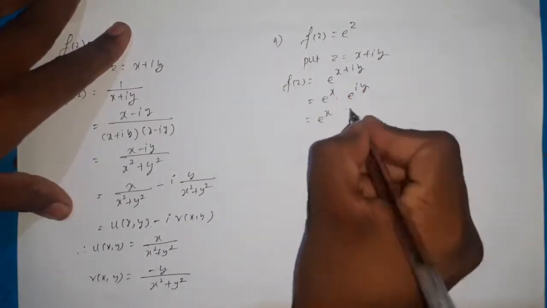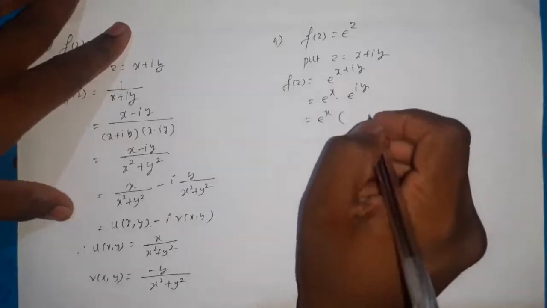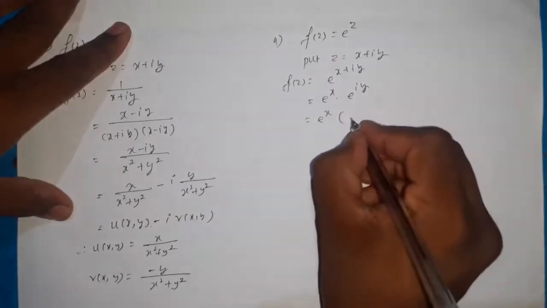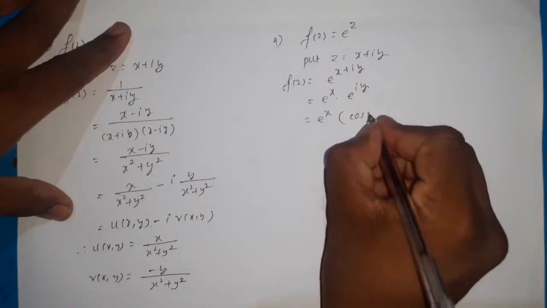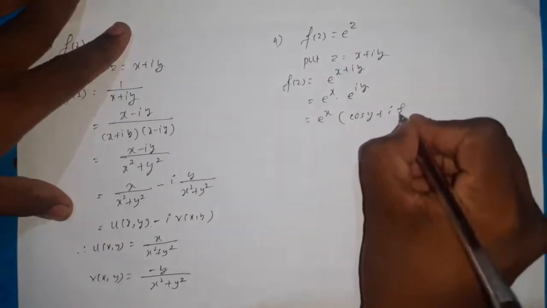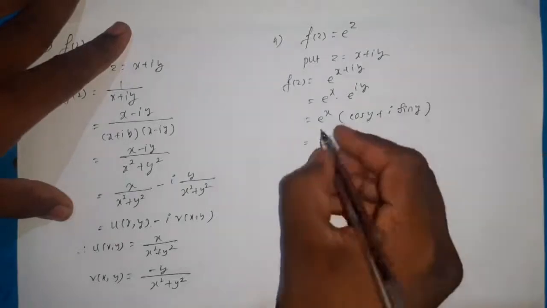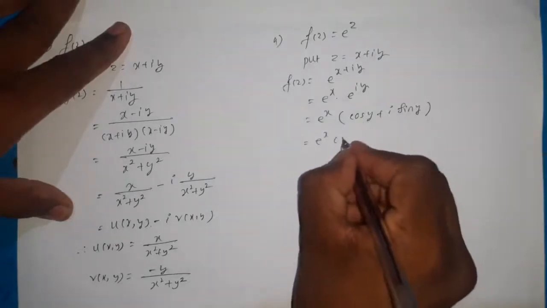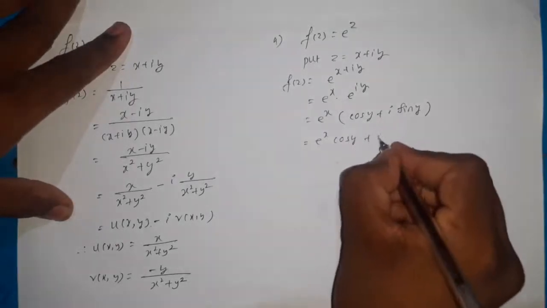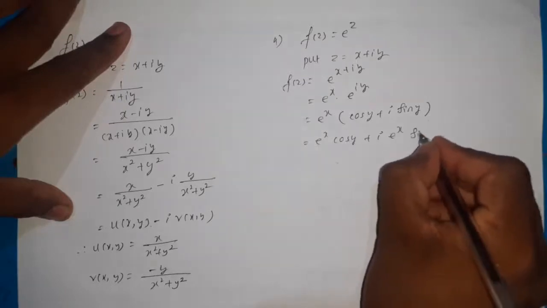Then e power iy can be written as cos y plus i sin y.